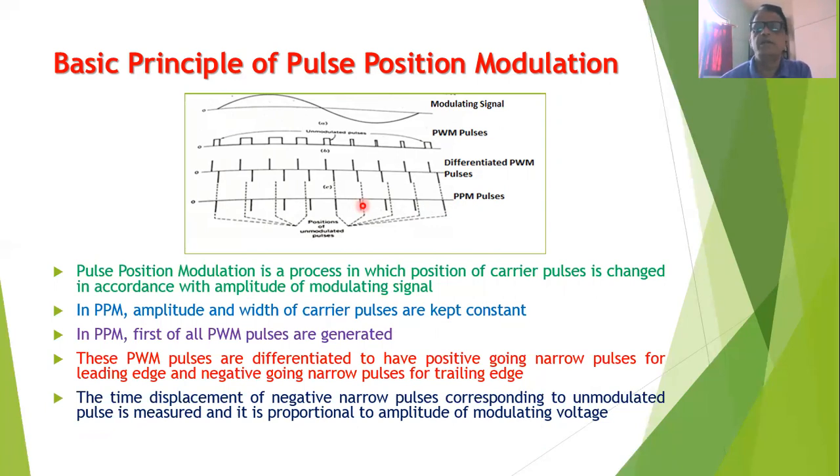This displacement is proportional to the amplitude of the modulating signal. So when the amplitude is more, the displacement is more, as shown in this diagram. When the amplitude is less, then the displacement is less, as shown in these diagrams.